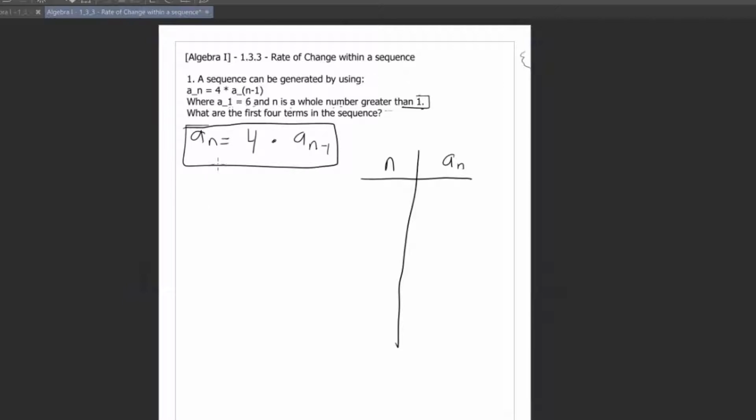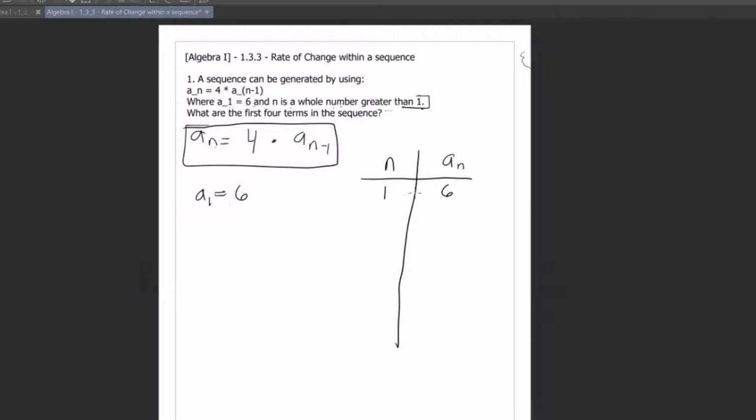They give us the first point, a sub 1 equals 6, right? And n here equals 1, referencing this equation. Okay? All right. So what are the first four terms?